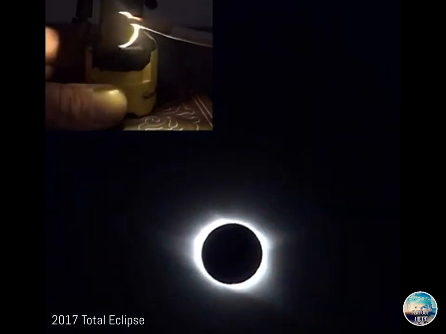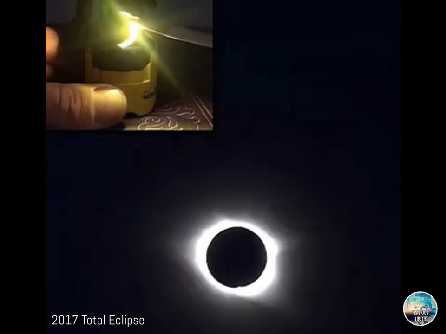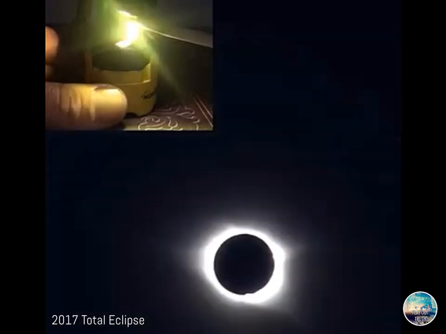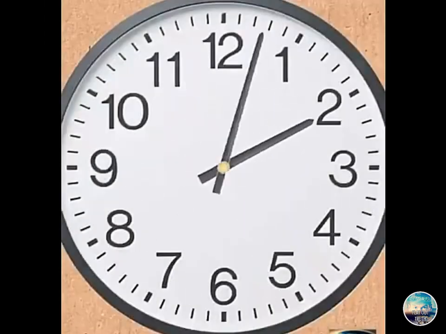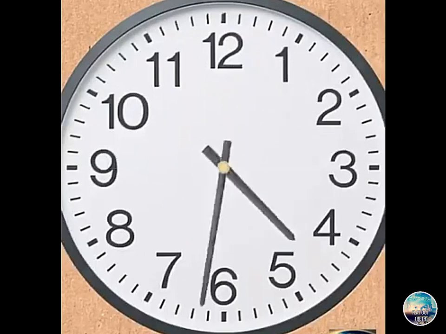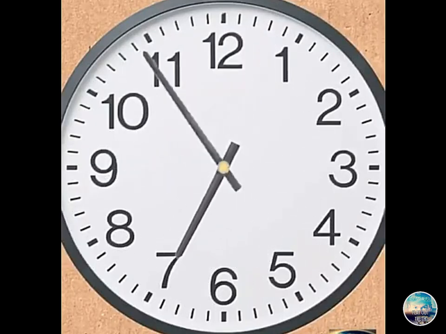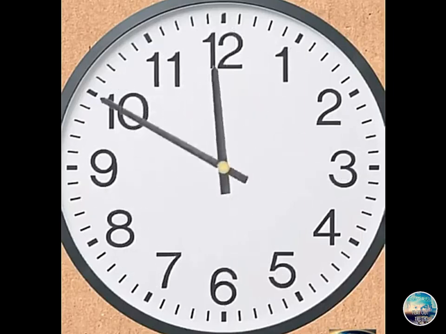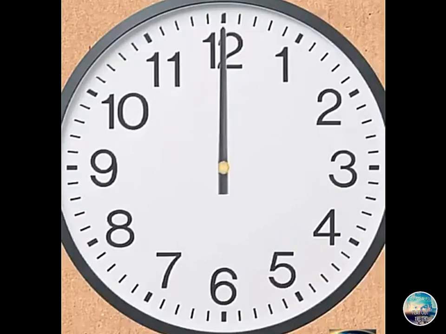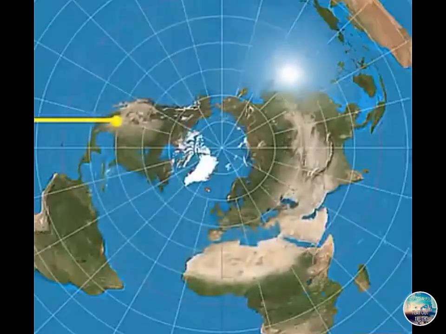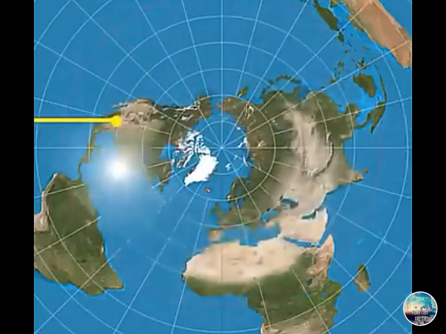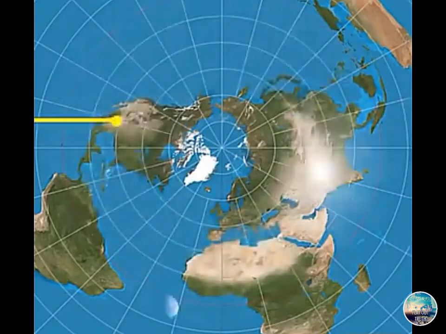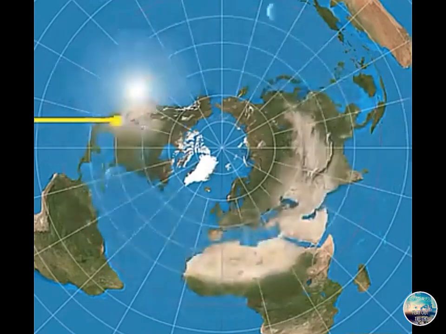Now that you understand that part of the eclipse, let me show you how this takes place on a flat Earth. The sun and moon are like the minute and the hour hand on the face of a clock, pretending that the face of this clock is the face of the flat Earth, with the sun being the minute hand and the moon being the hour hand. The sun will eventually pass over the top of the moon, just like the minute hand will eventually pass over the top of the hour hand, causing what we know as an eclipse, as you can see here.